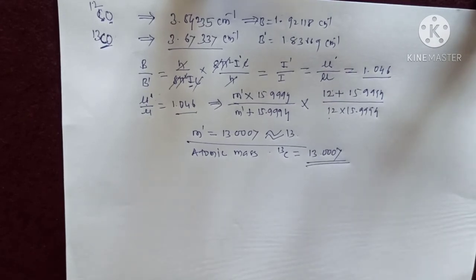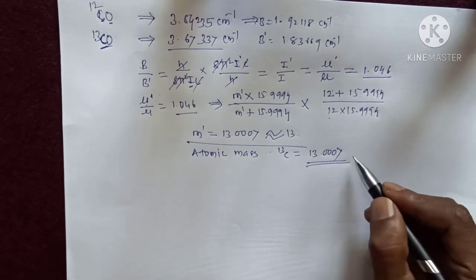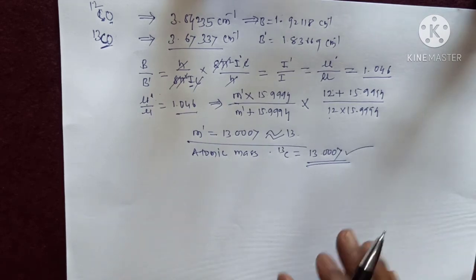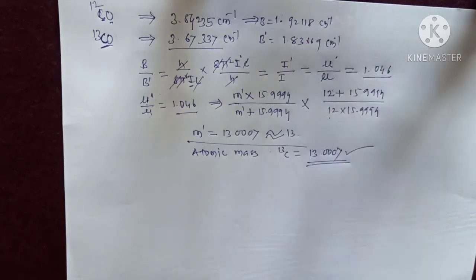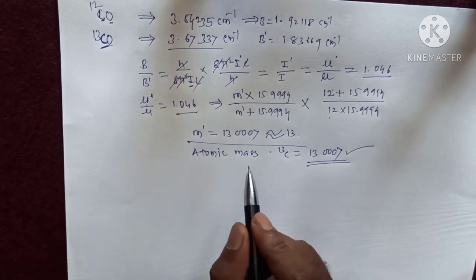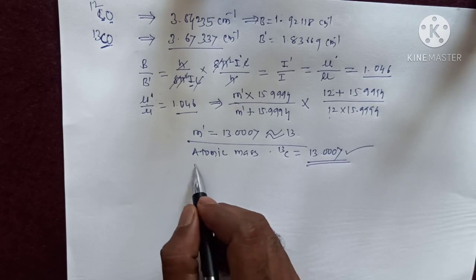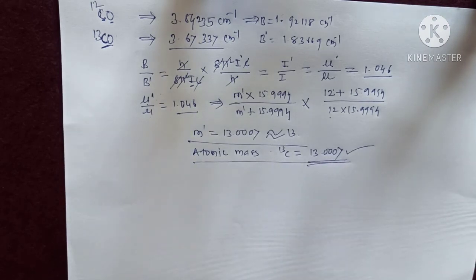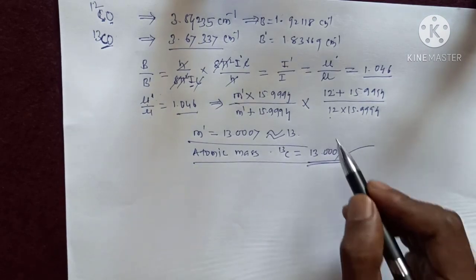So the actual, practical isotopic mass of an atom has been determined with the help of rotational spectroscopy. Another important application of rotational spectroscopy is the determination of isotopic mass, or that particular effect.